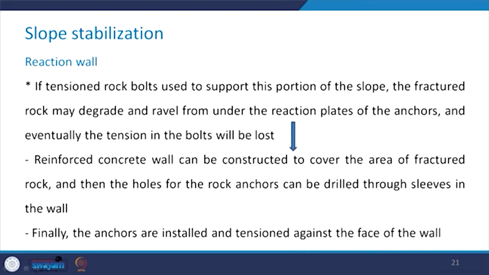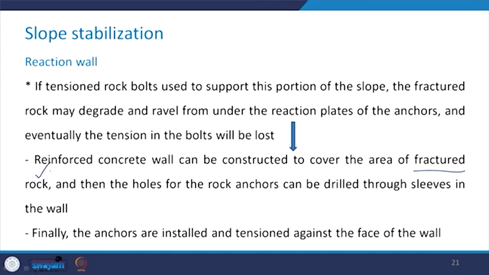Now if tensioned rock bolts are used to support this portion of the slope, what happens to the fractured rock? It may degrade and ravel from under the reaction plates of the anchors, and eventually the tension in the bolt will be lost, which is not desirable.